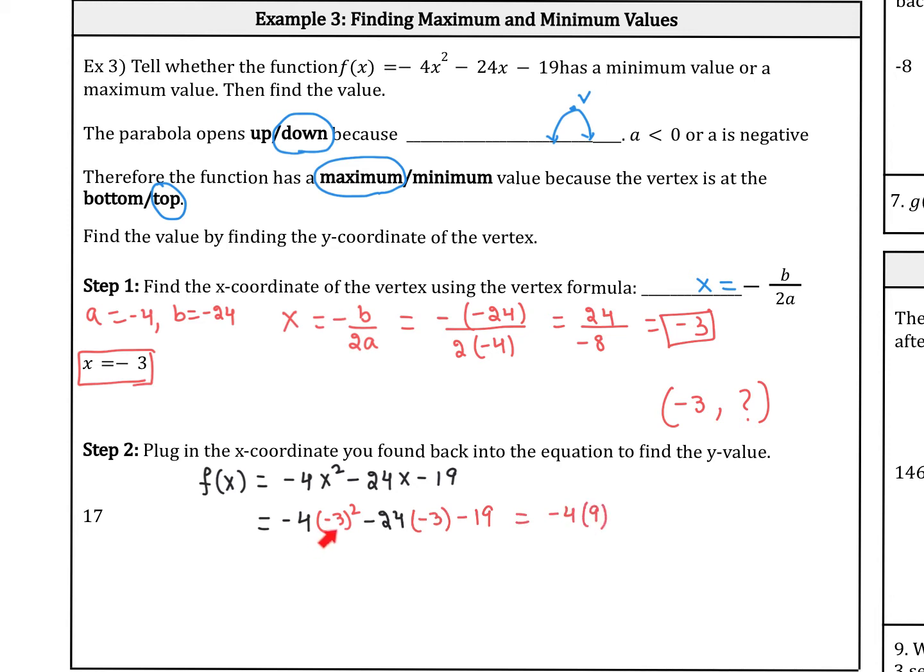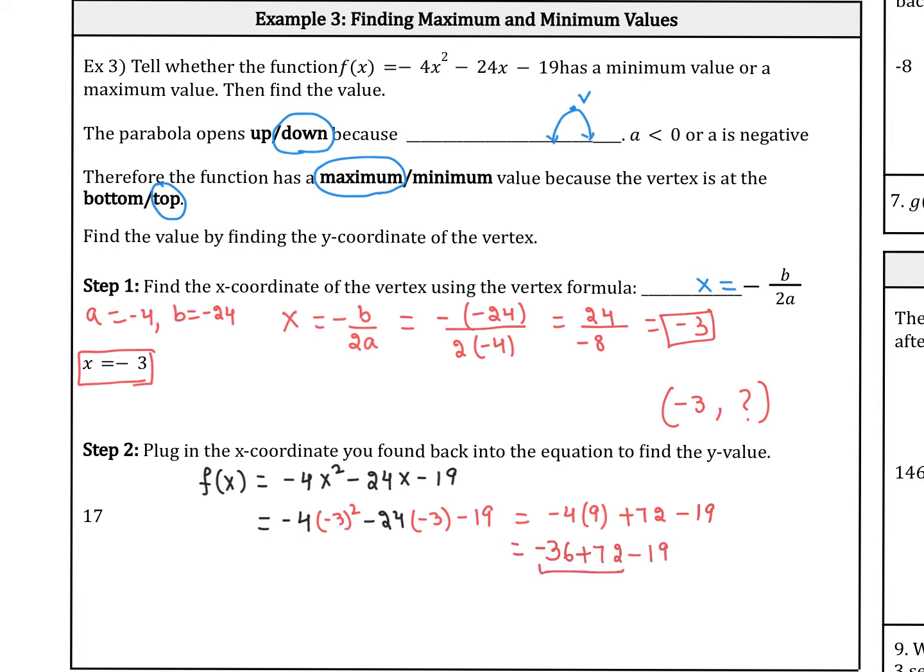Just remember that negative 3 squared is positive 9. And positive 24 times 3 is 72, minus 19. So you get negative 36 plus 72 minus 19.